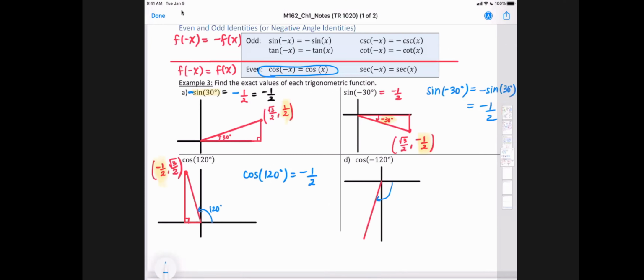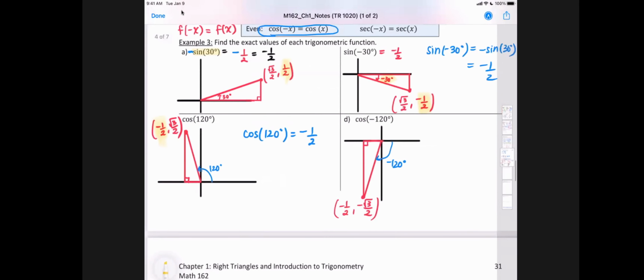And that was a clockwise of 120 degrees, so negative 120. And drawing our right triangle here, let's go up to the x-axis, create our right triangle, and this comes out to negative 1/2 and negative root 3 over 2 as our coordinate points because of the leg lengths.